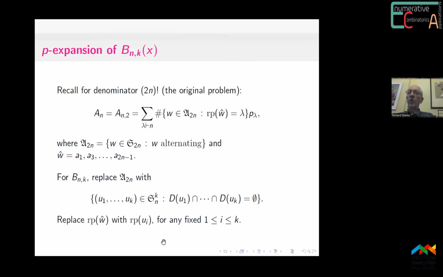We just fix any i between 1 and k and look at the record partition of u_i. It doesn't matter what i we pick, because any permutation of these u_i's also has the property that the intersection of the descent sets is empty. So that would be the result for the p expansion.